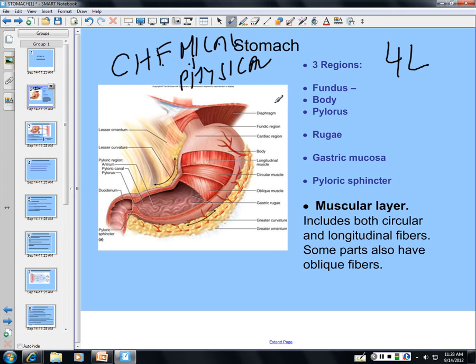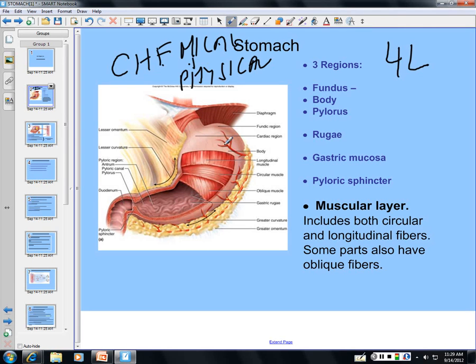There is, of course, the cardiac part, which is near the heart, and it is surrounded by an orifice through which the food enters the stomach. Here is the fundus, which extends above the esophagus, right here.